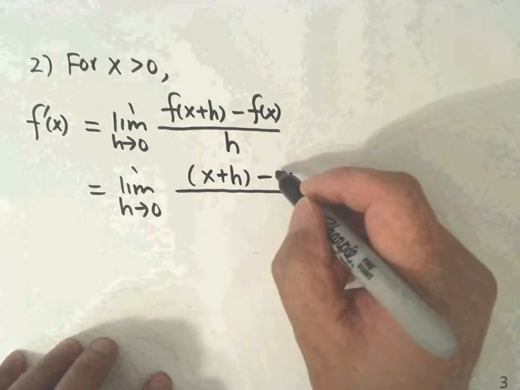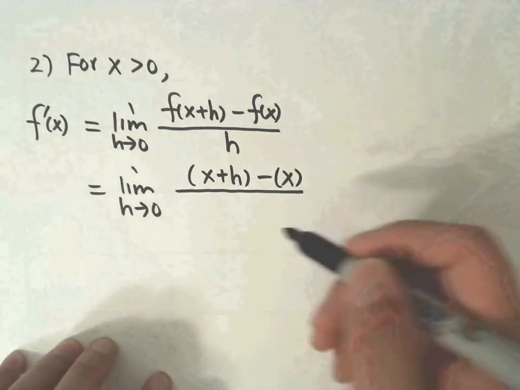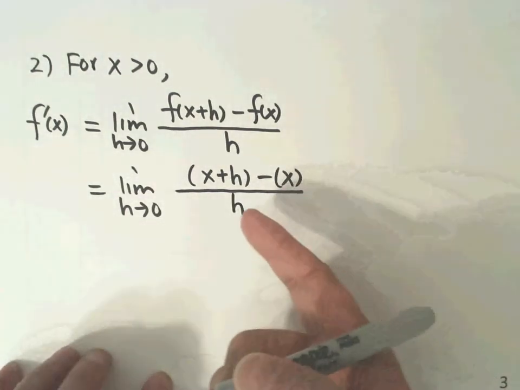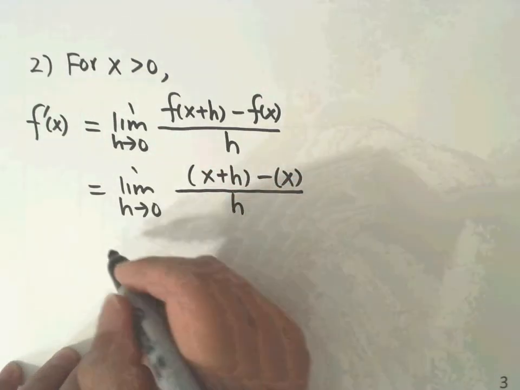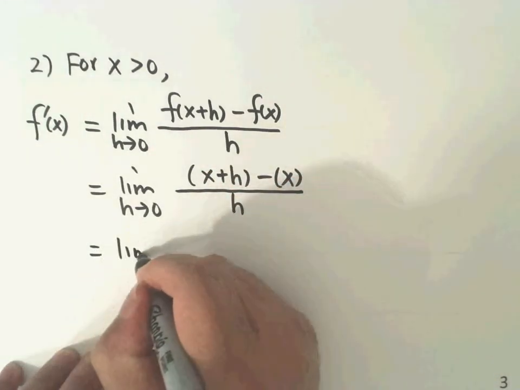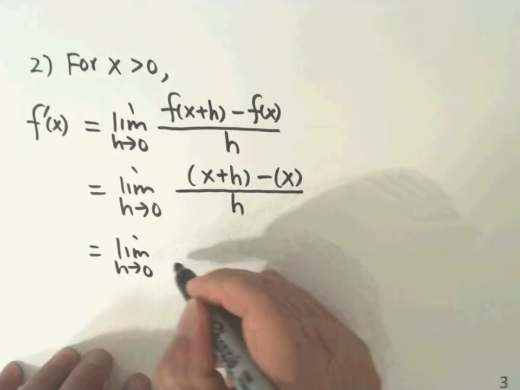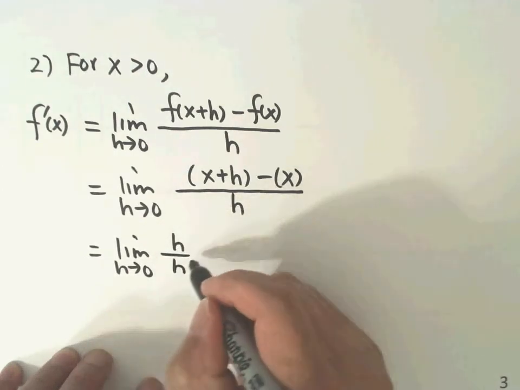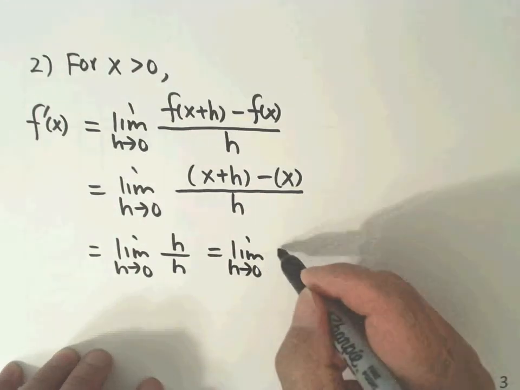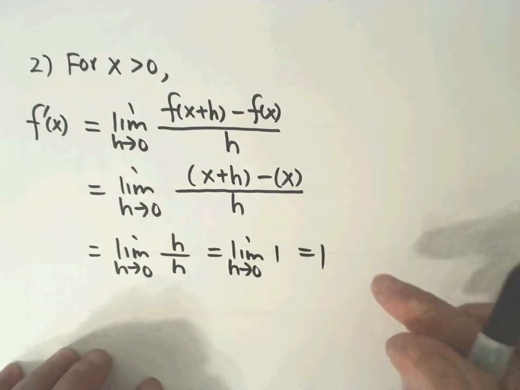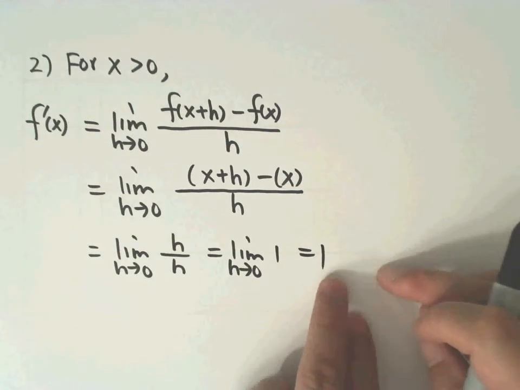Okay, so we simply say x plus h minus x, h over h is 1. Therefore, what do we get? We get the limit as h approaches 0 of 1, and the limit is 1. Can you see this is exactly what we explored?